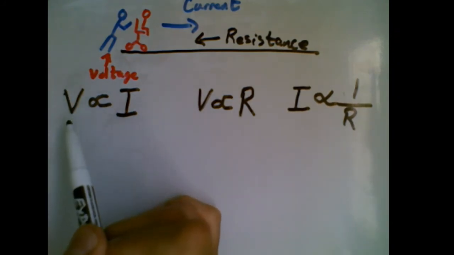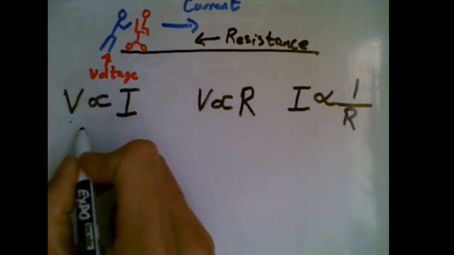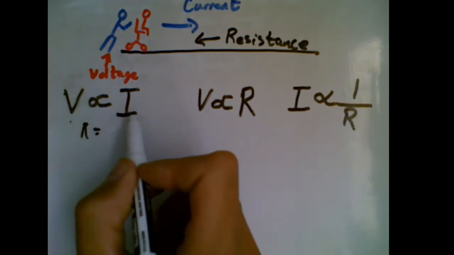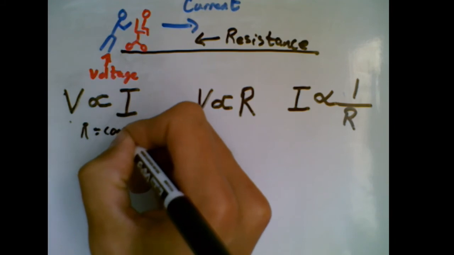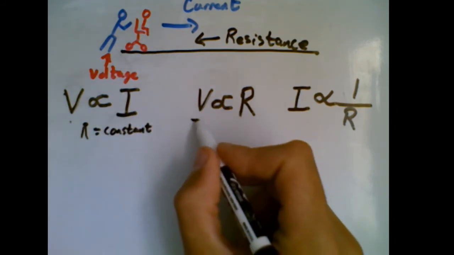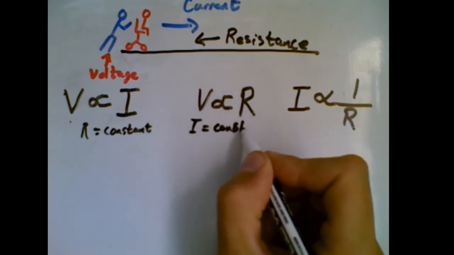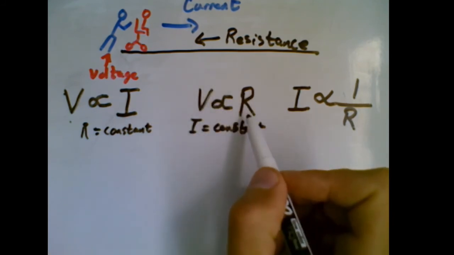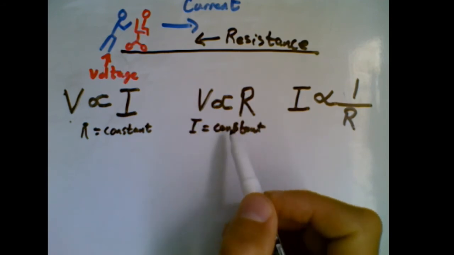So essentially, if you increase voltage, it would increase current as long as resistance remained constant. If you had the current remain constant and you increased the voltage, you would need an increase in resistance in order to have that speed stay the same.